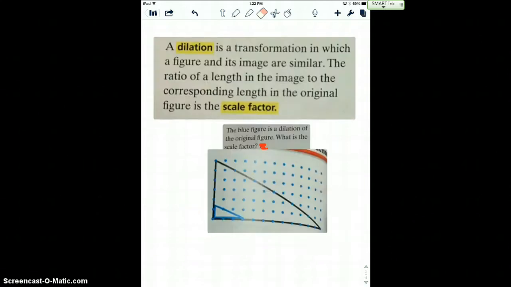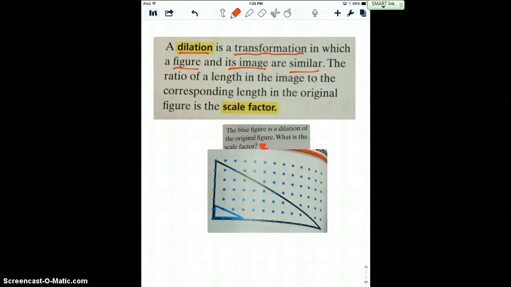So if we look at the actual mathematical definition here, a dilation is just a transformation, and you might be like, well, what is that? In which a figure and its image are similar. Okay, so you might have no clue as to what that means until you see an example.